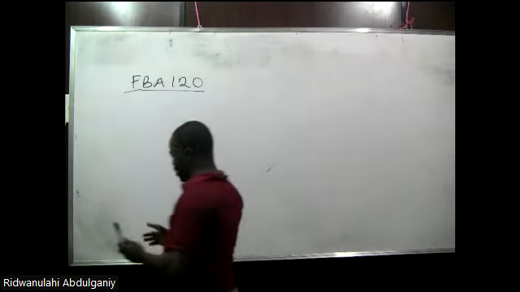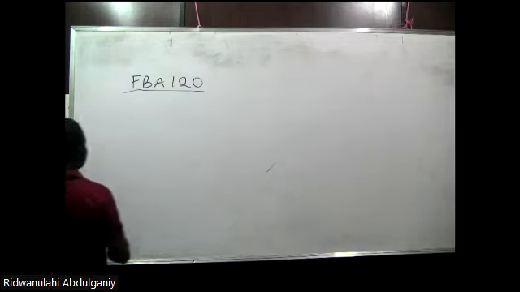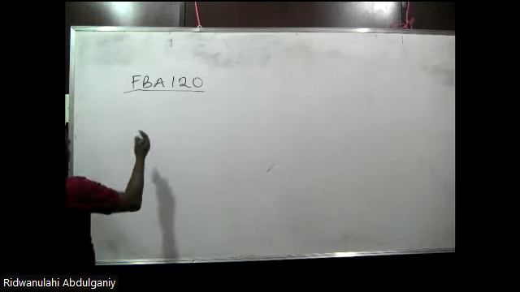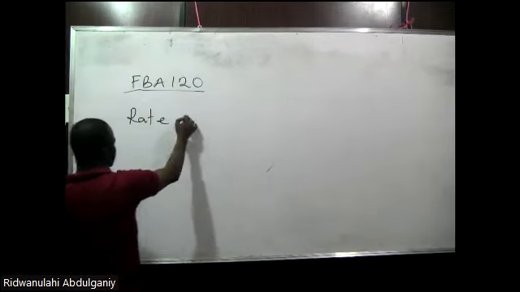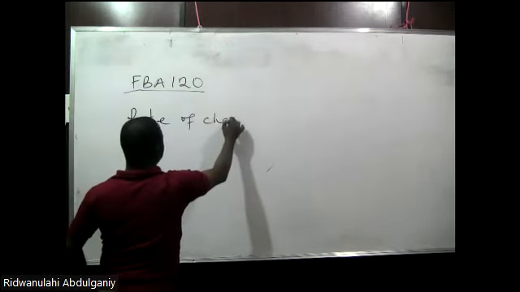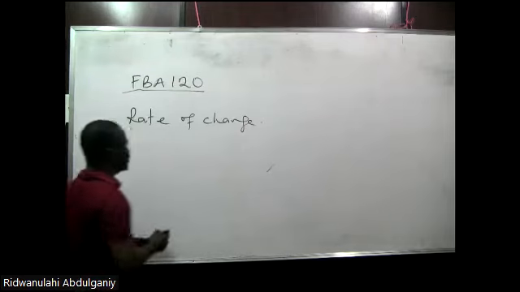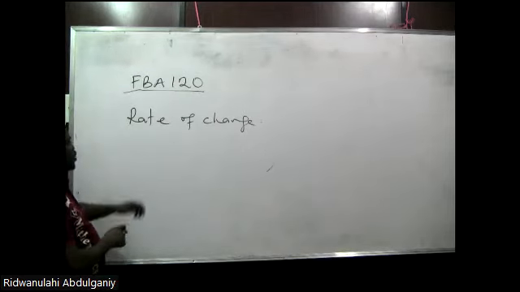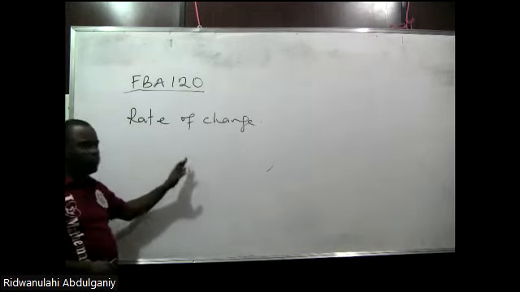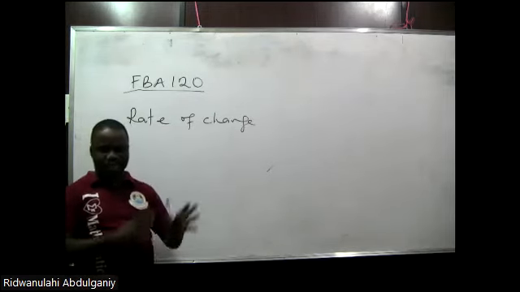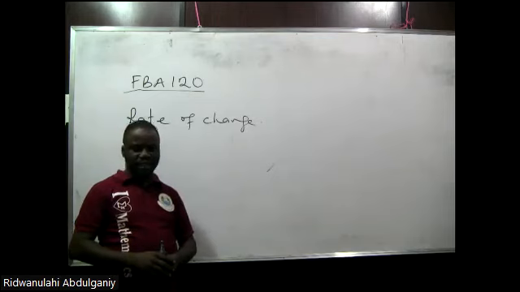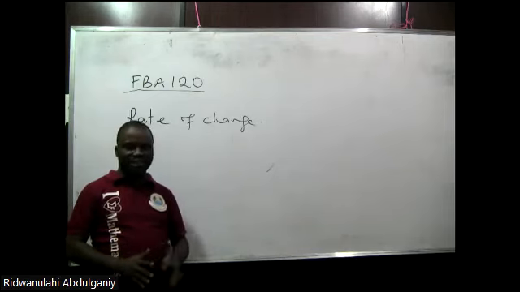After that, we now look at the concept of calculus as differentiation as rate of change. That is, differentiation deals with how a variable changes with respect to another variable. That's the basic thing that differentiation came to address.